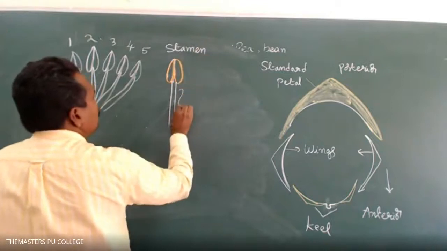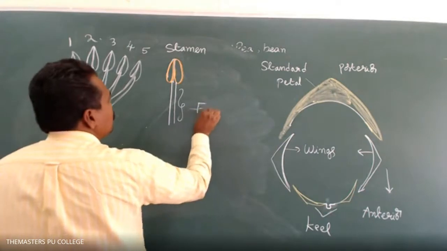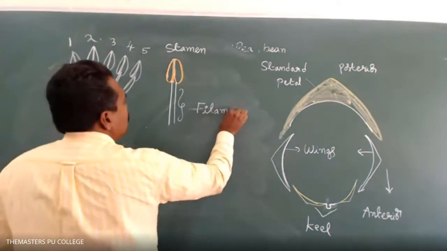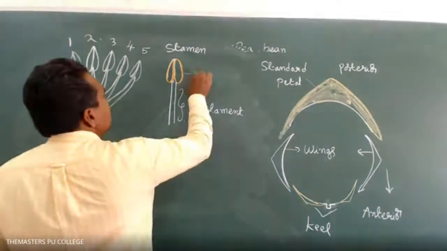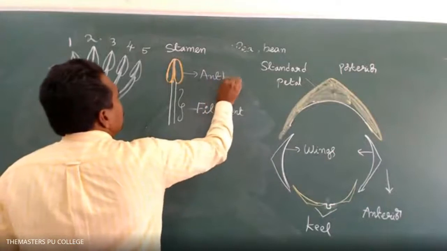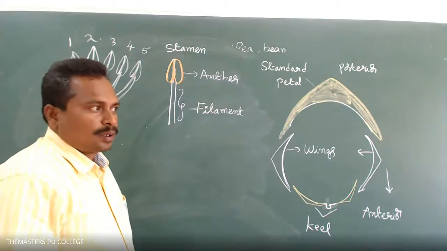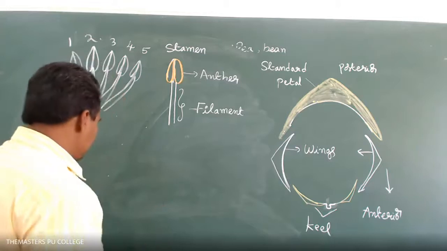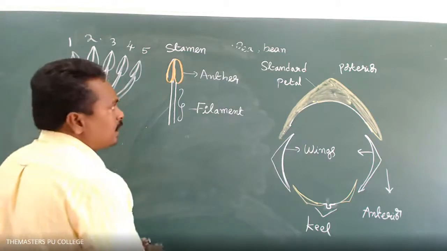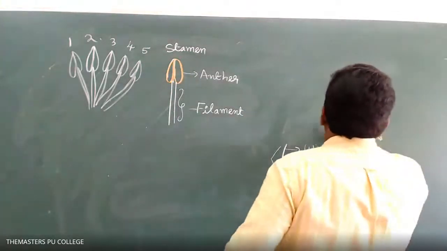The stamen consists of a stalk, the filament, and the terminal swollen part of the stamen is called the anther. So each stamen consists of mainly how many parts, sir? Two parts. Two parts, very good. Filament and anther. The anther is made of two lobes generally.